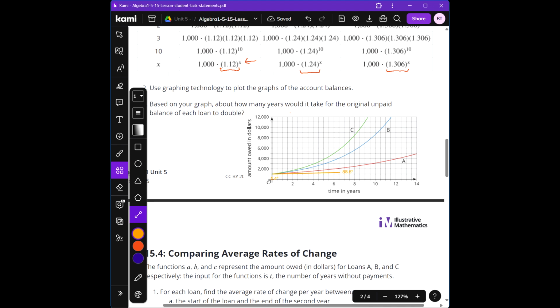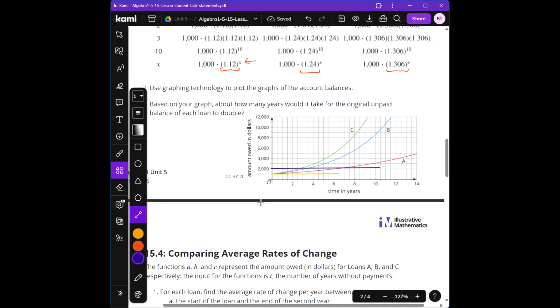So we're starting here, and then we're going to double. That's going to be 2,000. So right there is about 2,000.